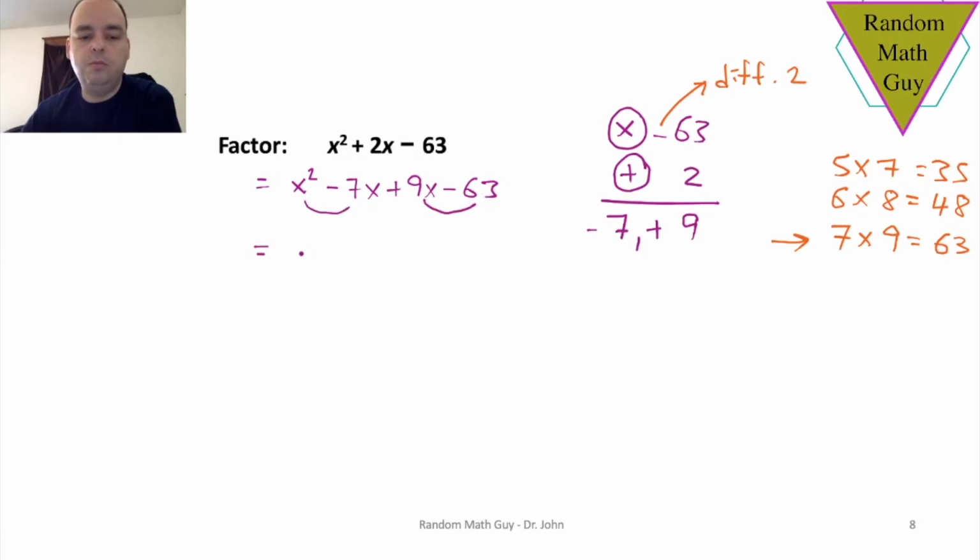There you go. You can take out the x from the first pair, and you can take out a 9 from the second pair because 63 is divisible by 9, leaving you with x minus 7, x plus 9.